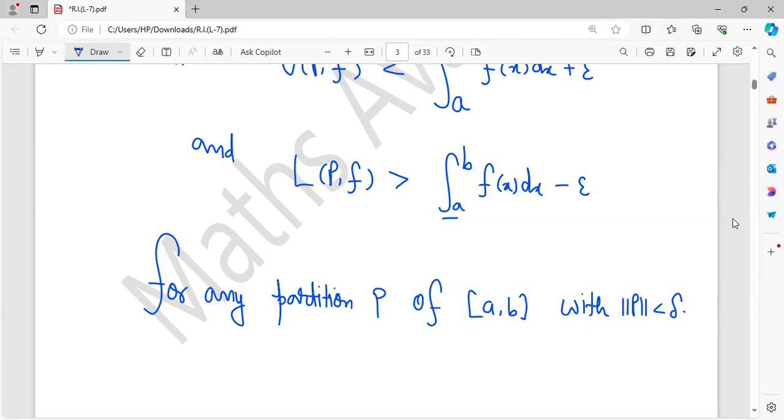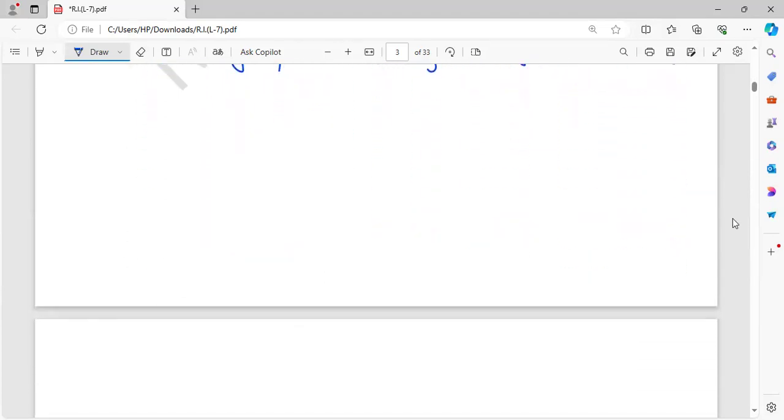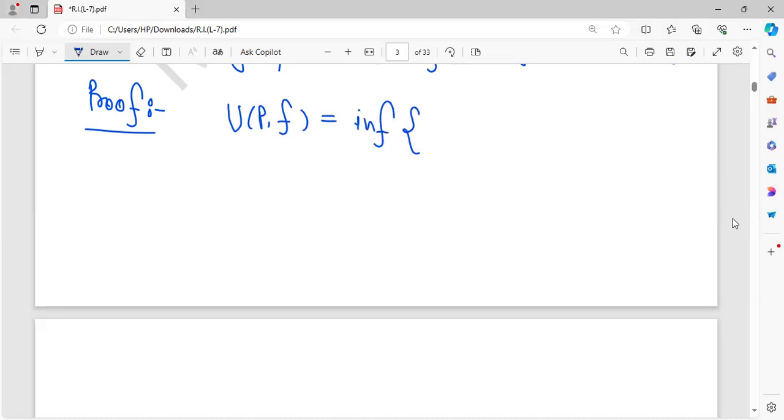So let's prove it. What is the upper integral?